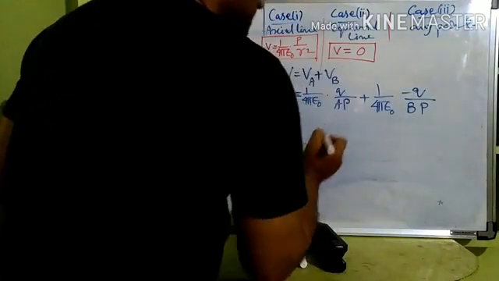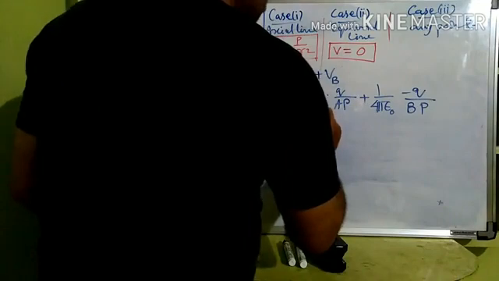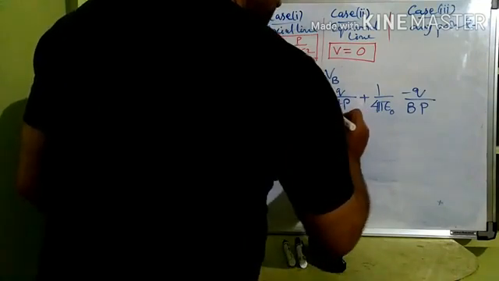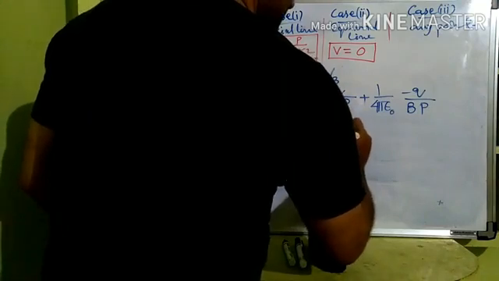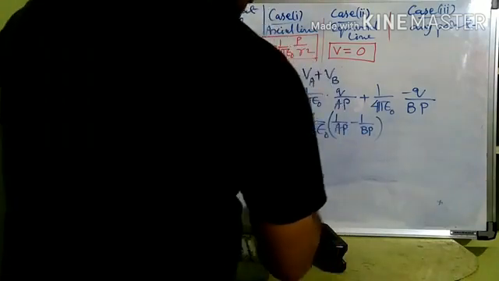So this is equal to Q by 4 pi epsilon naught, which is common to both. Take 4 pi epsilon naught common, then it becomes 1 by AP minus 1 by BP. So till here it is very same, right?